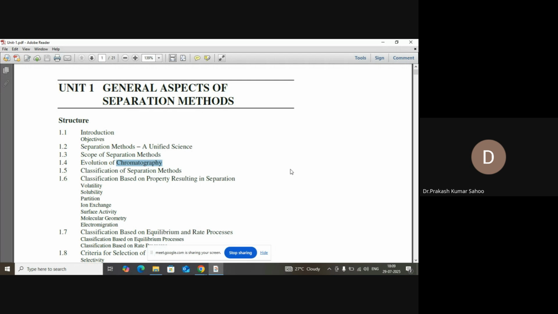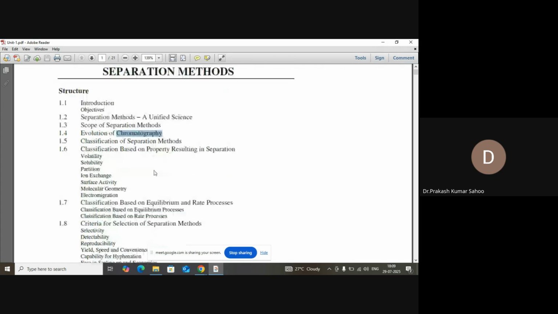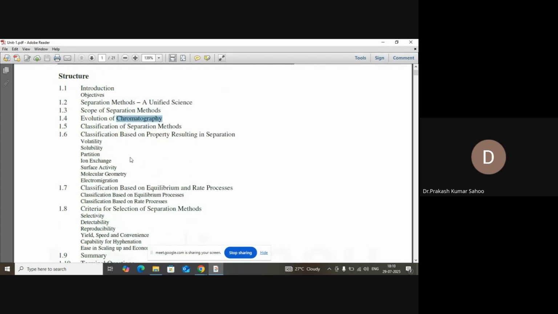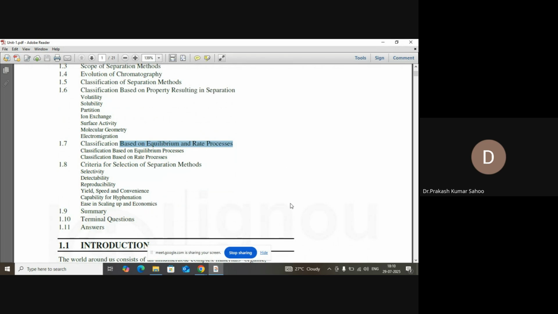Under this category of properties, we have volatility, solubility, partition, ion exchange, surface activity, molecular geometry, electromigration, and also classification based on equilibrium and rate processes. This includes the kinetic part, that is chemical kinetics.